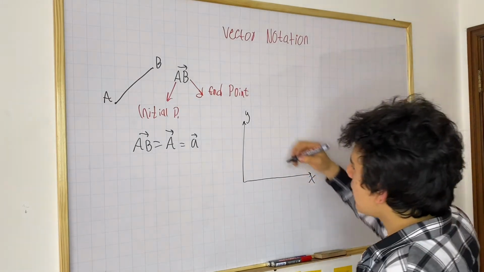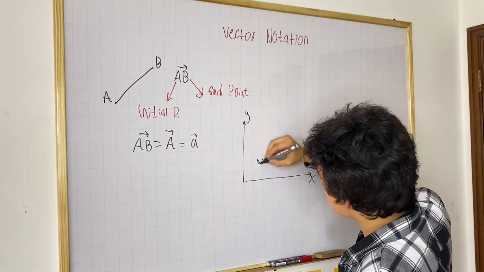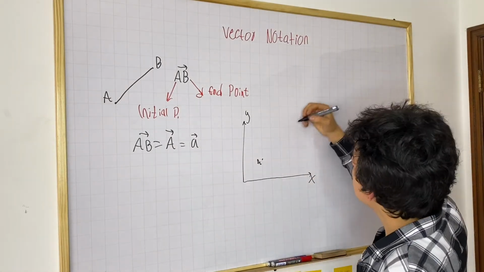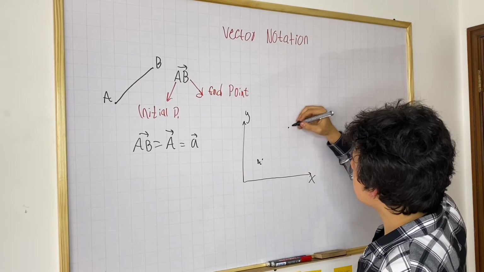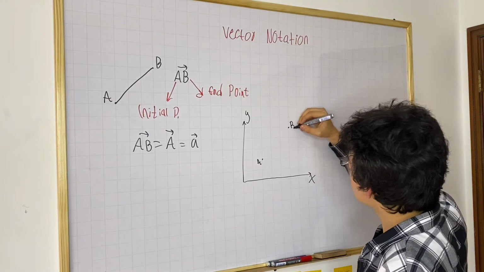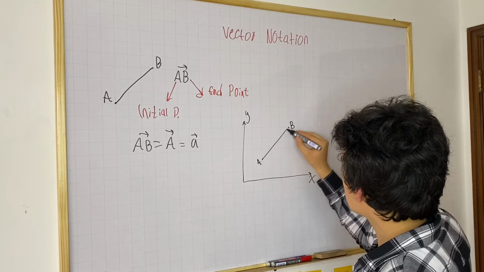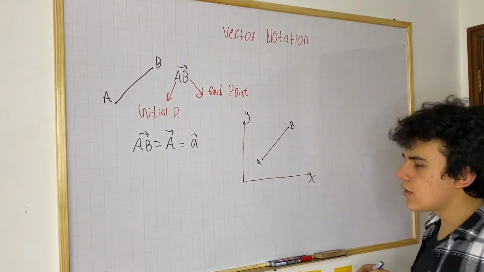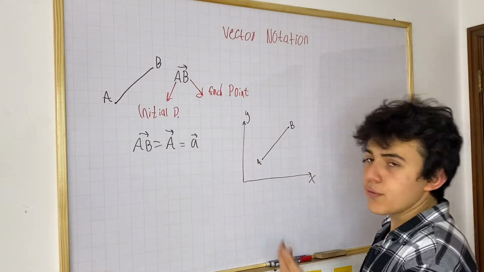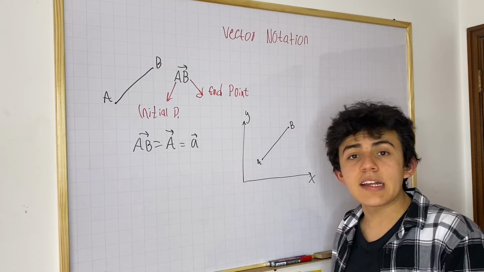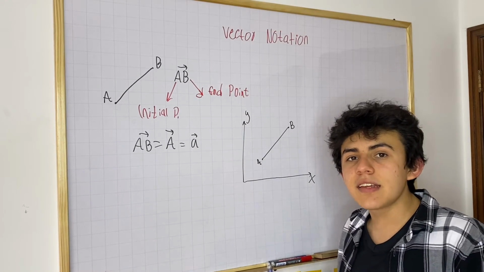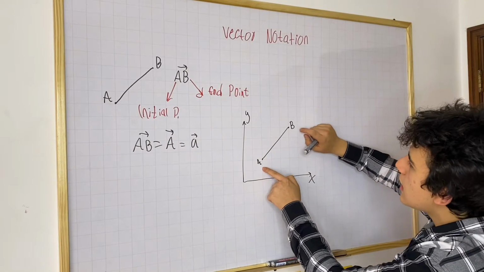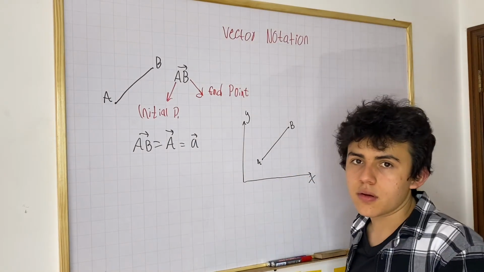Let's suppose we have the vector that goes from point A, once again, and goes all the way up here to point B. What is the magnitude of this vector? In a plane of coordinates, we say that the magnitude of a vector is the distance between the 2 points, initial and final point, of the vector.